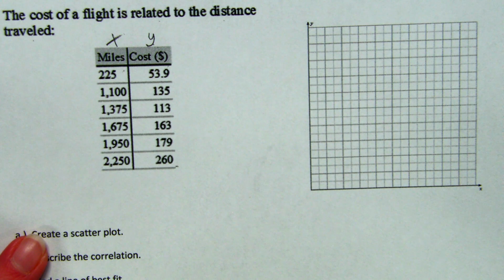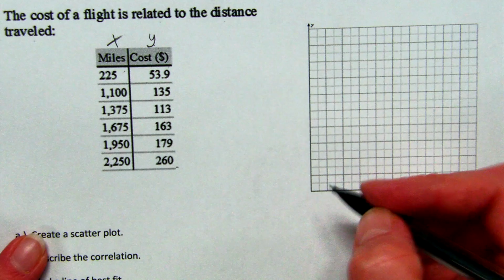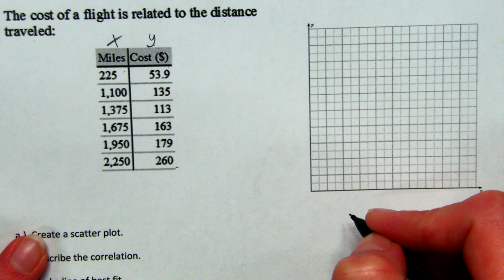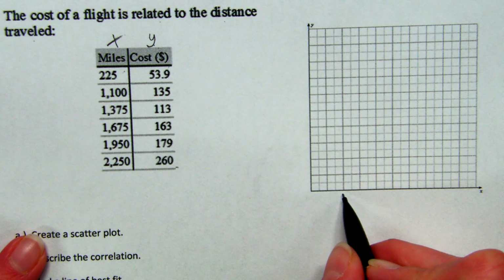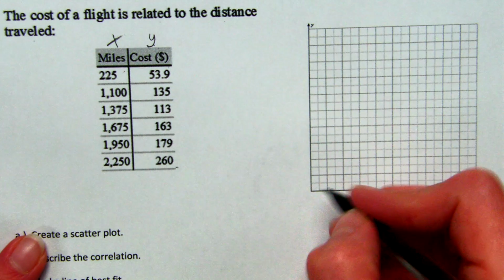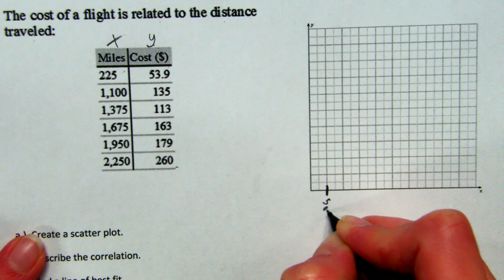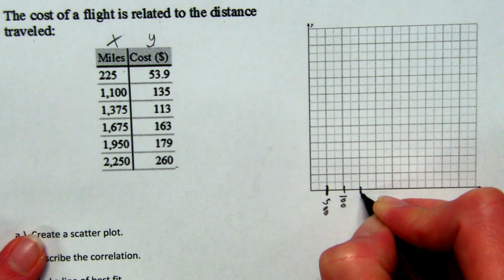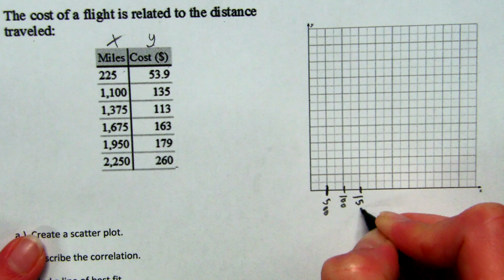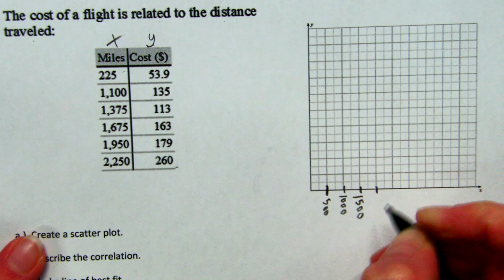Another thing that we could do is just go by 500s and kind of fake it. So let's do that. So let's see, I'm going to go 2 squares and say that that's 500, which means that another 2 squares would be 1,000, 1,500. Oh, I didn't put the 0 in my 1,000, sorry.